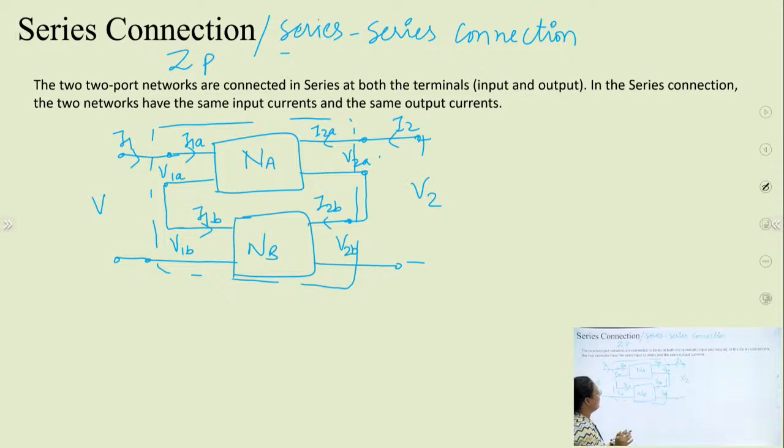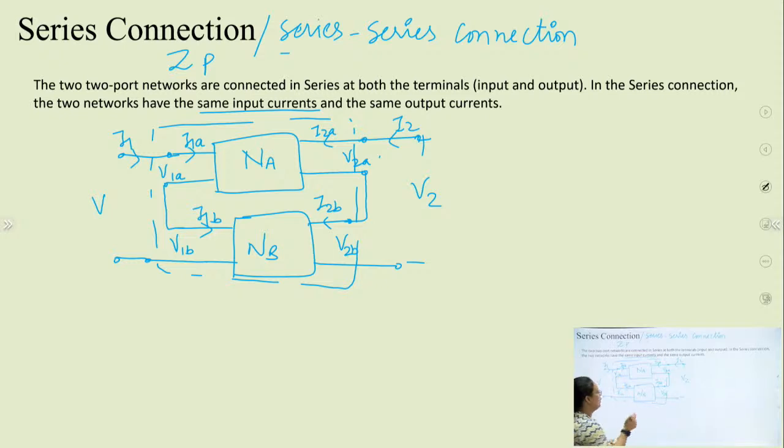Now since these two networks are connected in series at both ends, the two networks will have the same input current as well as the same output current, but the voltage will be the sum of the two networks.